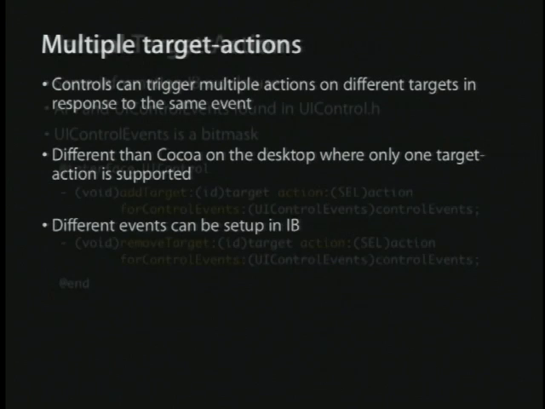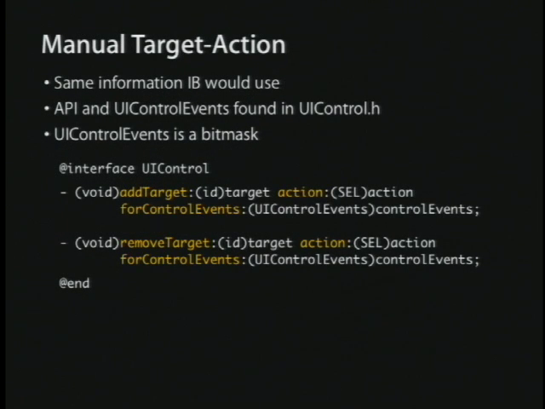So if you wanted to set it up in code, these are the methods to do it. This is the same thing that Interface Builder does, but it's more explicit. There are APIs and an enum of control events that you can pick from. Sorry, it's a bit mask of an enum. And you would call addTarget:action:forControlEvents. So if I have my controller that generates a button, it's not in Interface Builder, it generates a button and manually adds it to a view, it adds it to the window.